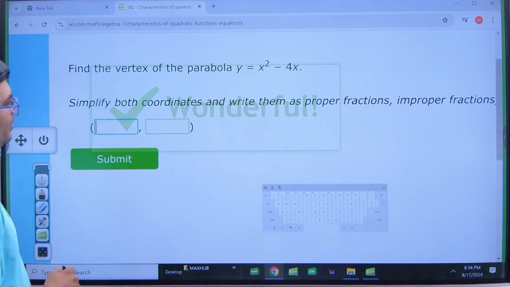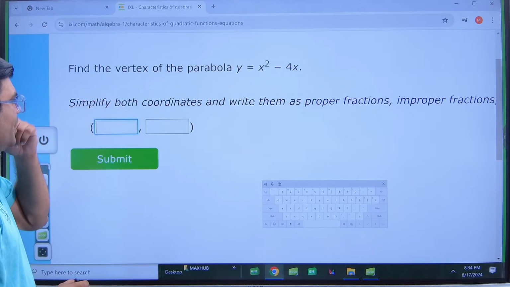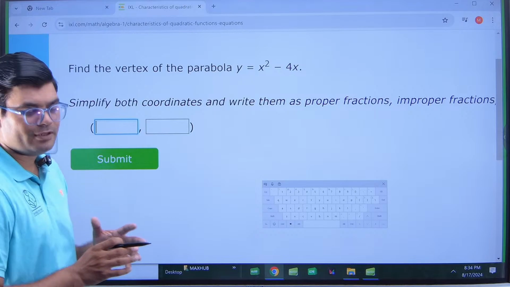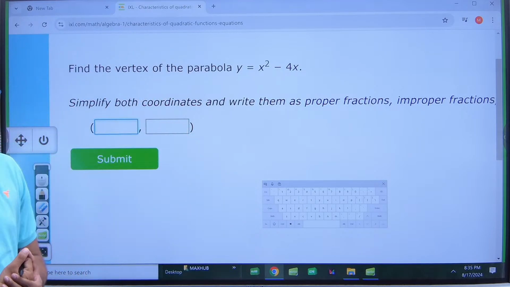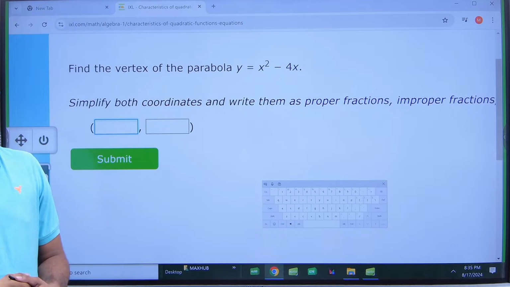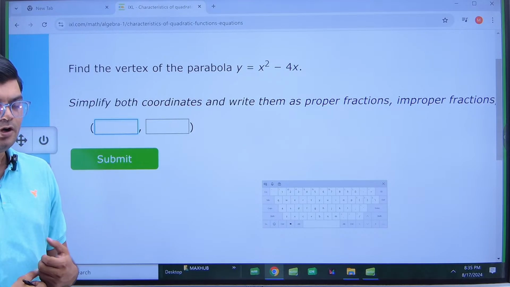Wonderful. Find the vertex of the parabola. Vertex means now you have to tell me the x coordinate and y coordinate as well. So the x coordinate is going to be minus b upon 2a.